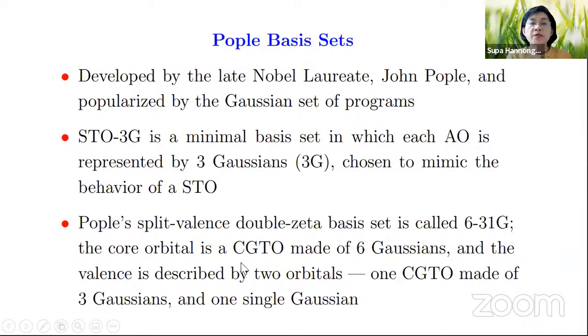The core orbital is a CGTO made of 6 Gaussians, and the valence is described by 2 orbitals: 1 GTO made of 3 Gaussians and 1 single Gaussian. I just like to remind you a little bit. So now probably you can understand the difference between the minimal basis set and the split valence double zeta basis set.